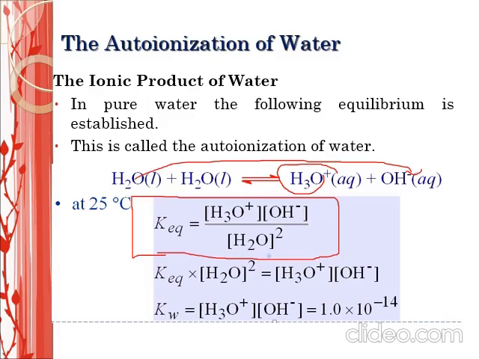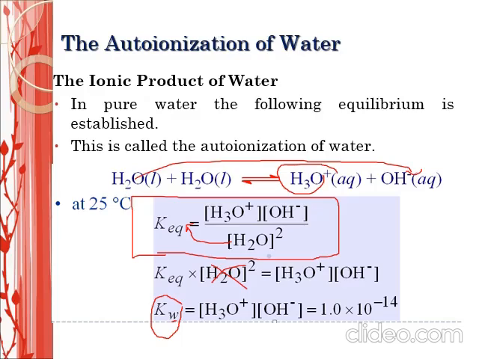That's why you see here, when you write the expression, you bring this over here, it becomes K equilibrium times H2O squared equals H3O plus times OH minus. So we can ignore this. It becomes the water ionization constant, Kw.